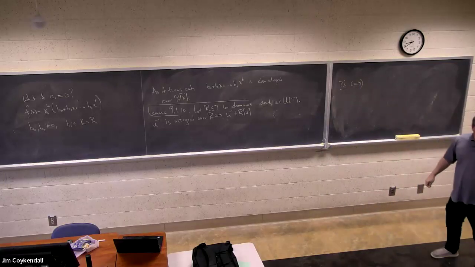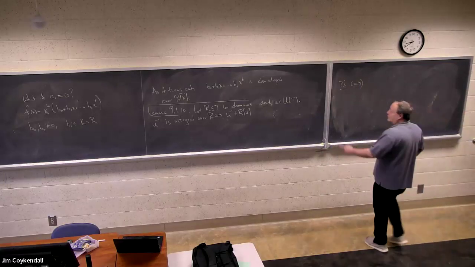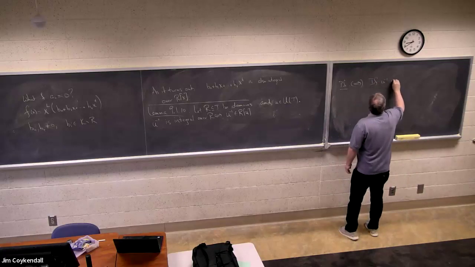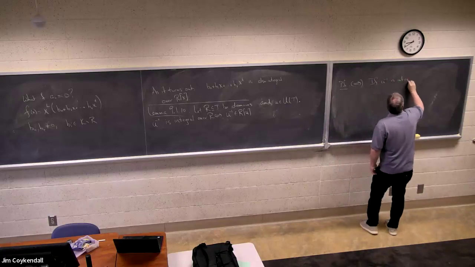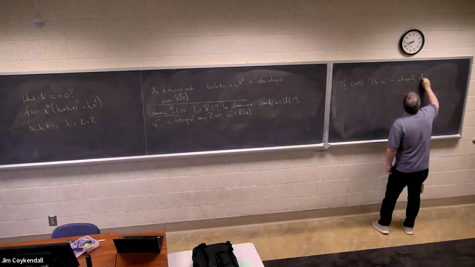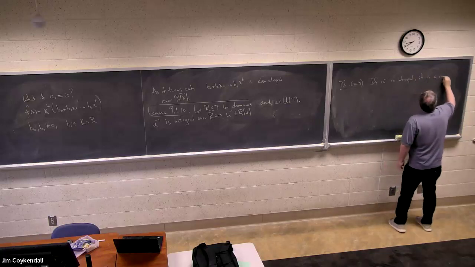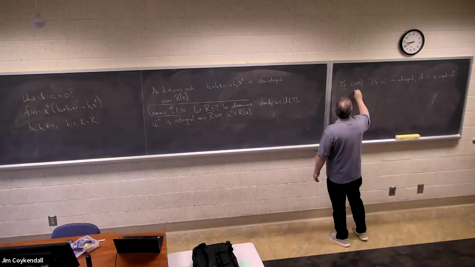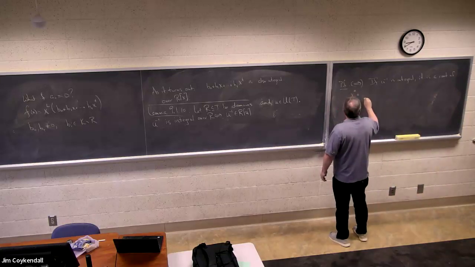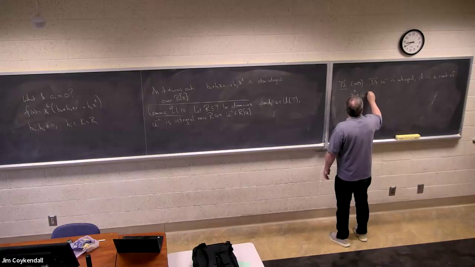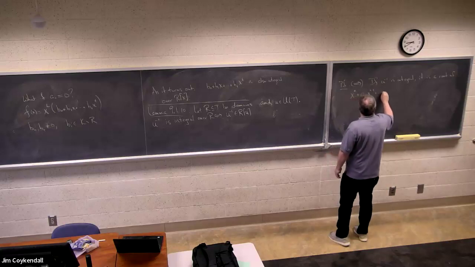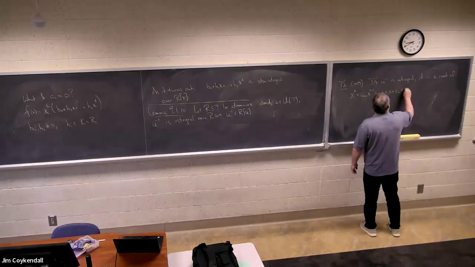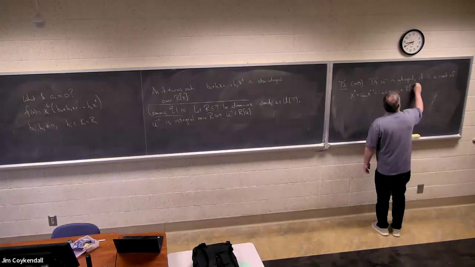Let's suppose that u is integral, or I'm sorry, u inverse is integral, so it satisfies a monic polynomial x^n plus a_{n-1} x^{n-1} plus ... plus a_1 x plus a_0 in R[x].